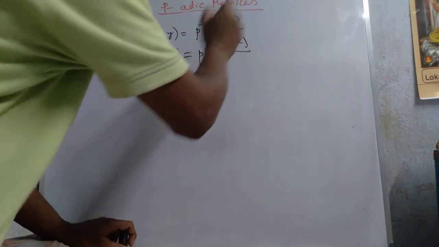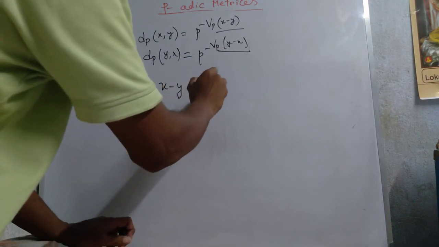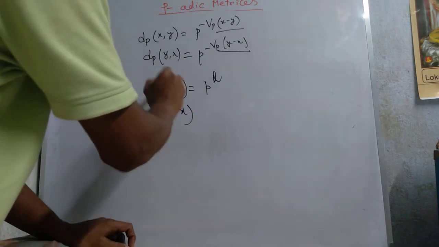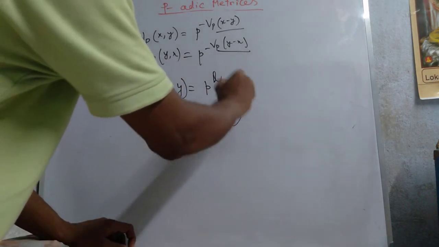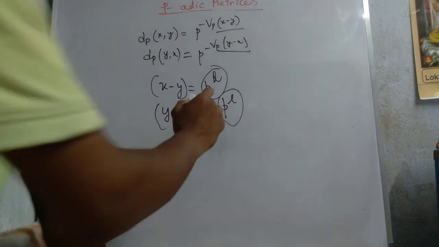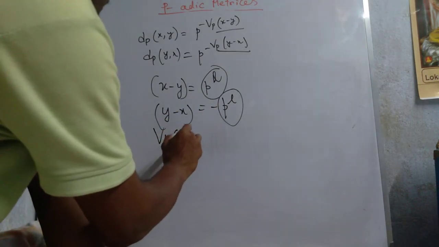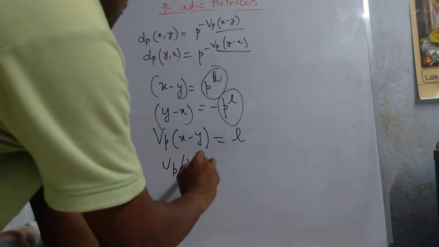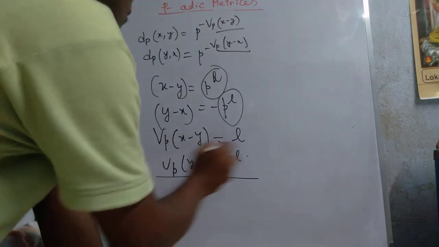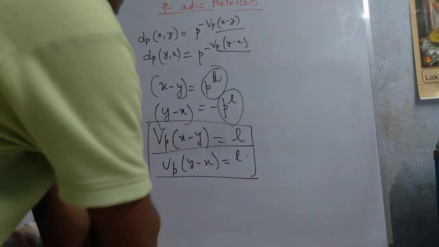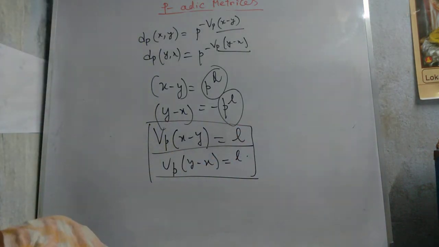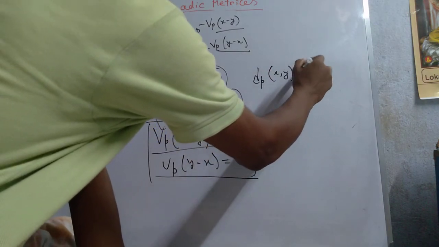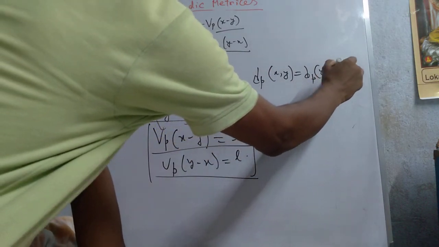That means if x minus y contains p to the power l as the highest factor, then y minus x obviously contains p to the power l, then v_p(x minus y) is obviously l, and here obviously v_p(y minus x) is also l, so these two are the same, then d_p(x,y) equal to d_p(y,x).